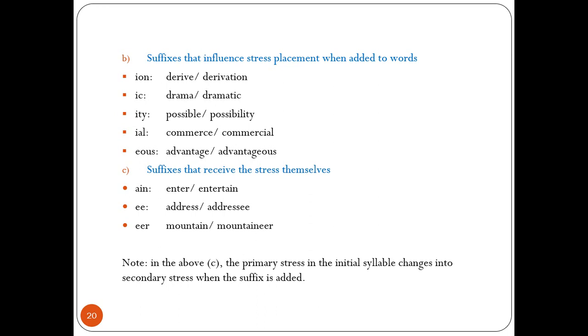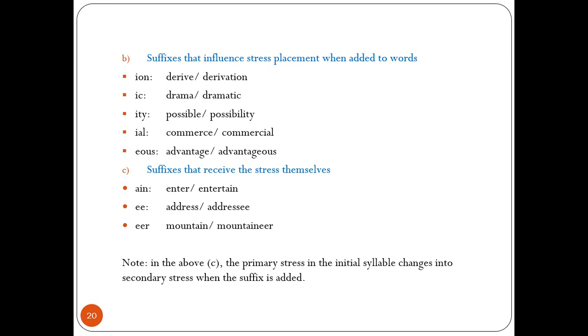Okay, so we have dramatic, mat, so it is the mat which receives the stress. Likewise, we have possible and possibility, and we have commerce and commercial, and then we have advantage and advantageous.